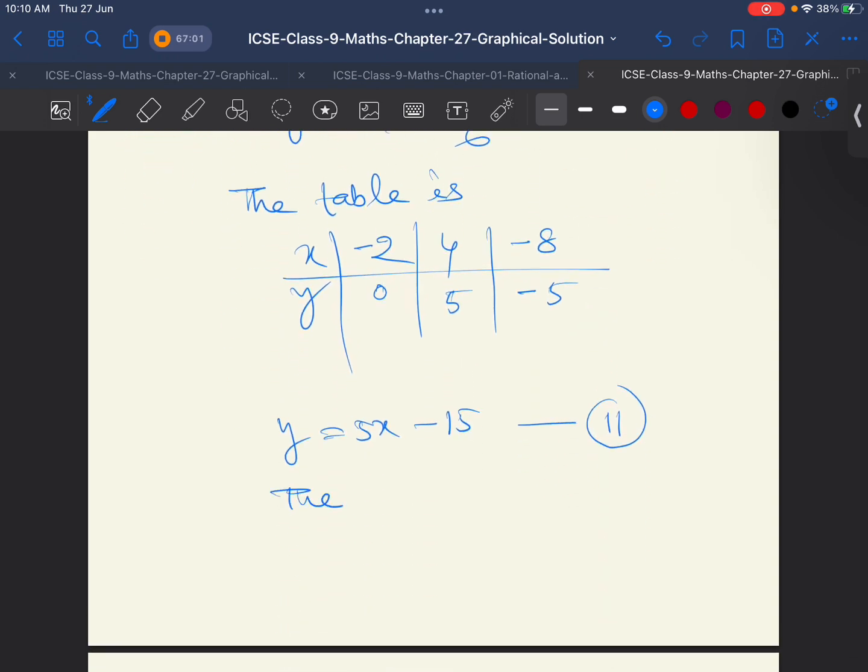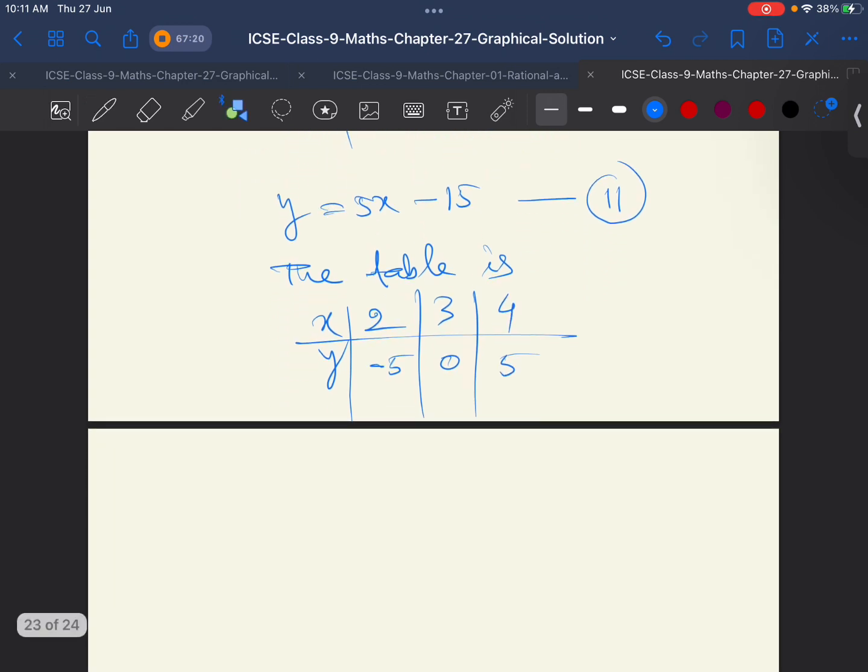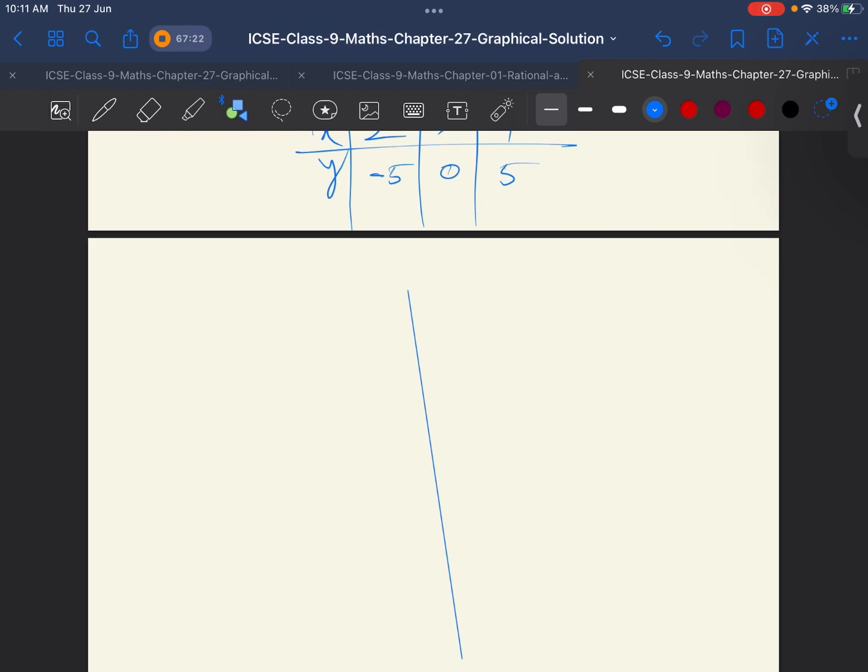The table for equation 2: when x 2, y minus 5, x 3, y 0, x 4, y 5. Now we draw the graph.